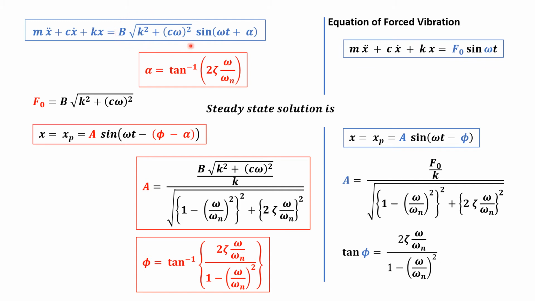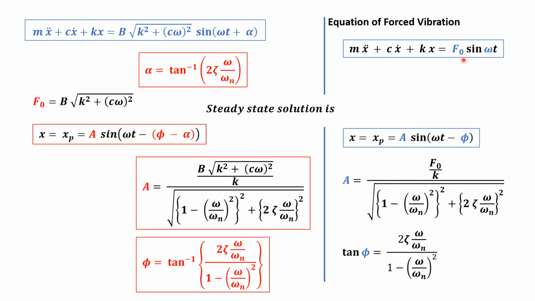So f naught is equal to b times square root of k square plus c omega square. And in place of angle omega t, here the angle is advanced by an angle alpha, and the new angle is omega t plus alpha, and alpha's value we know.